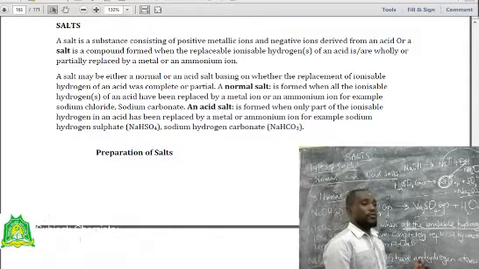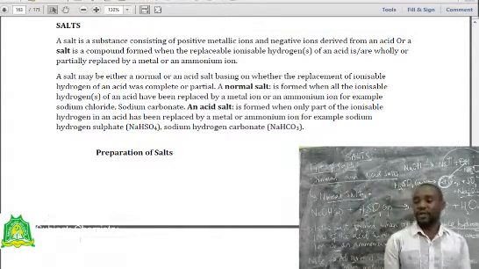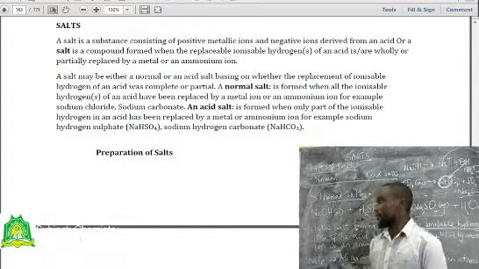Even though, when they are dissolved in water, their solutions are always neutral to litmus papers.